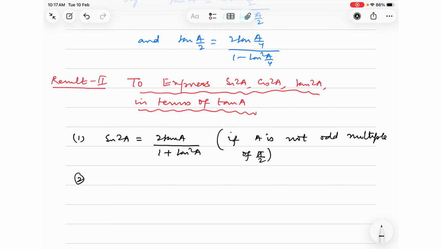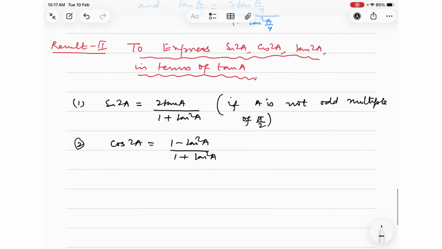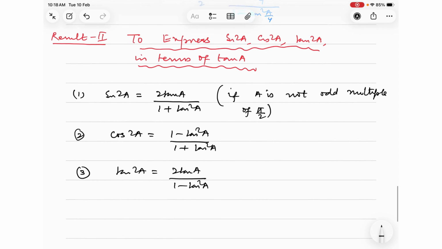Cos 2A is equal to 1 minus tan square A by 1 plus tan square A. And the third result is tan 2A is equal to 2 tan A by 1 minus tan square A. Sin 2A, cos 2A, tan 2A, written in terms of tan A.